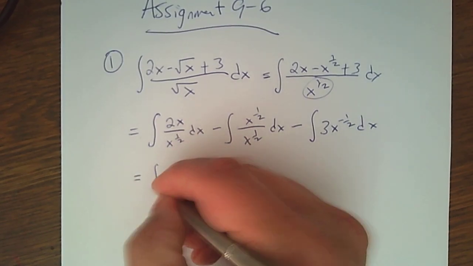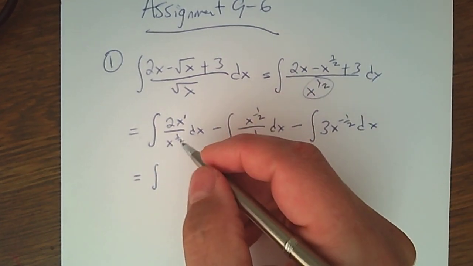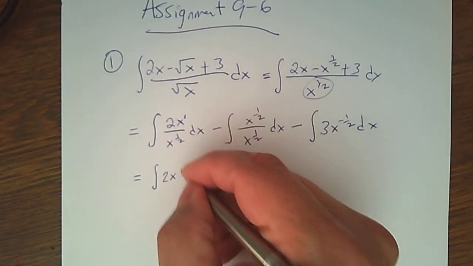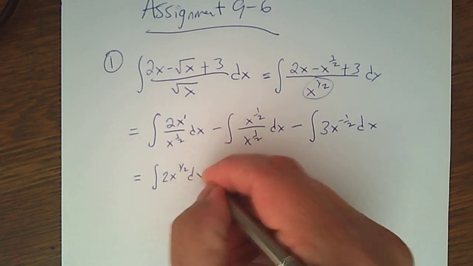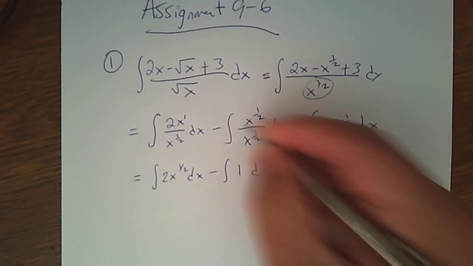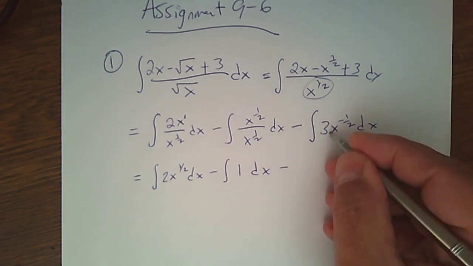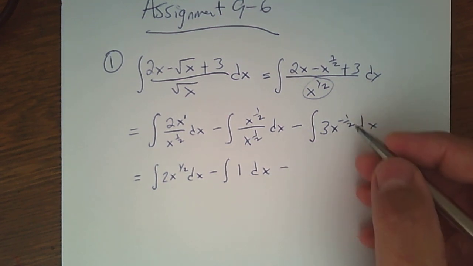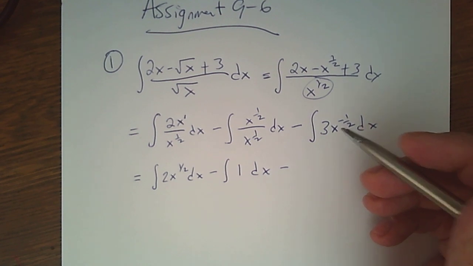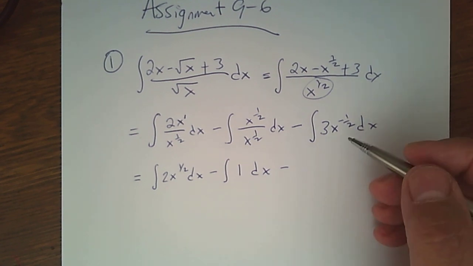I can simplify it. Now, when I simplify this, I'm going to subtract the exponents. So 1 take away 1/2 is positive 1/2. Here, it just simplifies to 1. They just divide down. And then here, I can just do the anti-power rule. It's ready to go. So I can start there and do the anti-power rule. Negative 1/2.